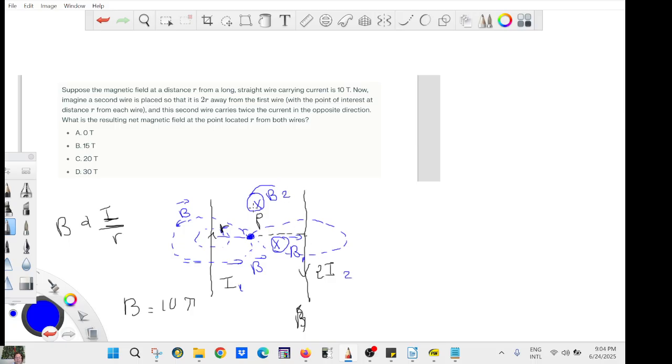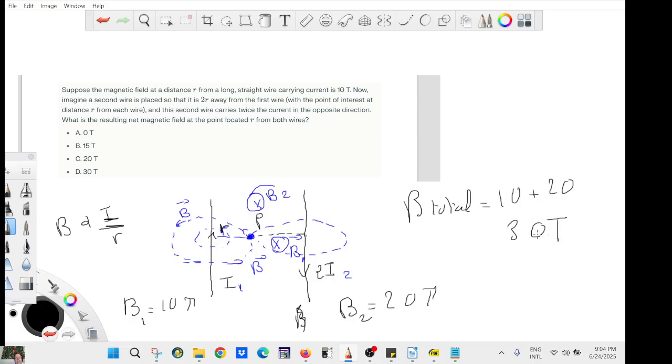Both of them are going into the blackboard, so they're reinforcing each other. This one has twice the current, so the magnetic field will be 20 Tesla. So the total, this is B2, this is B1, so it will be 10 plus 20. It's going to be 30 Tesla.